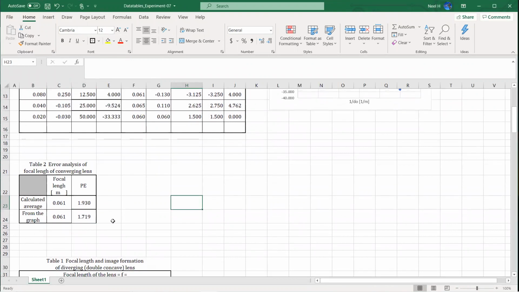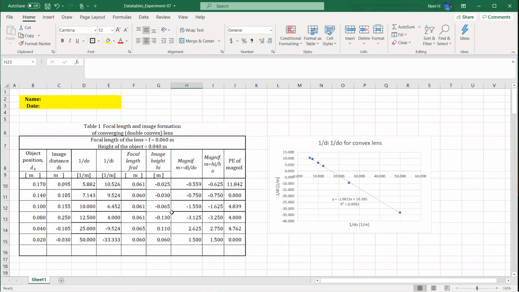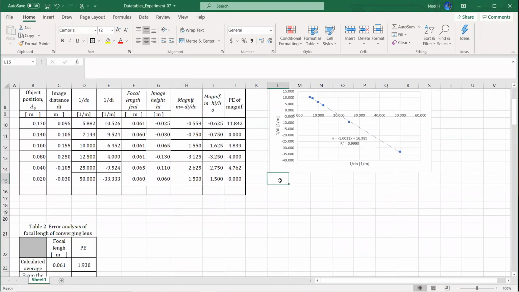Okay, so it's a very good number. All right, so we are done with all, and then we need to name this graph. This should now be figure 1. This is a graph of 1 over di versus 1 over d0 for convex lens.